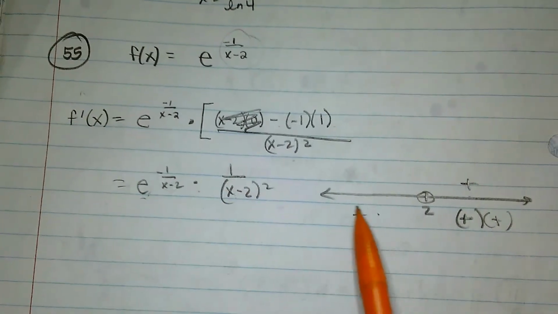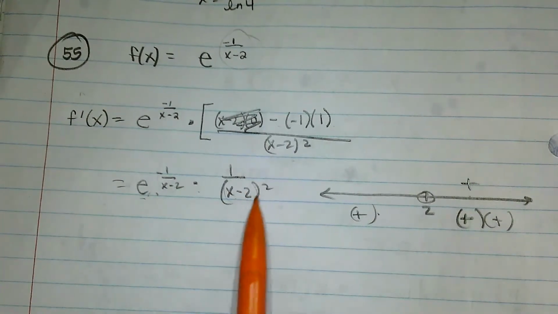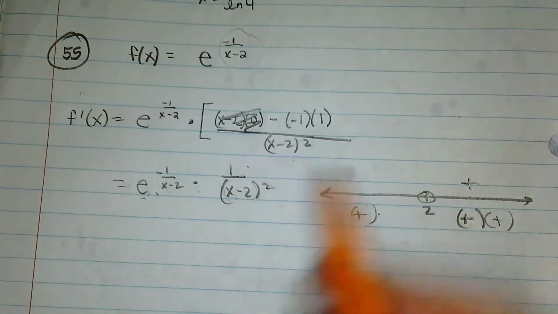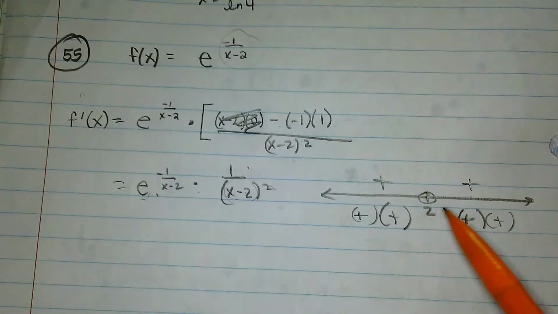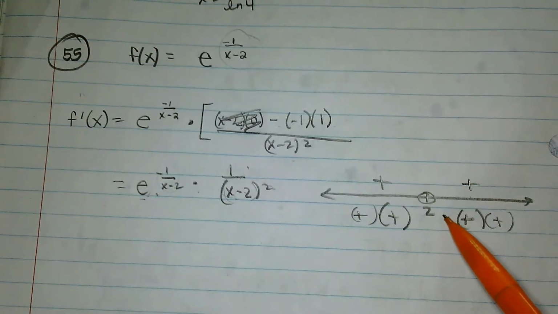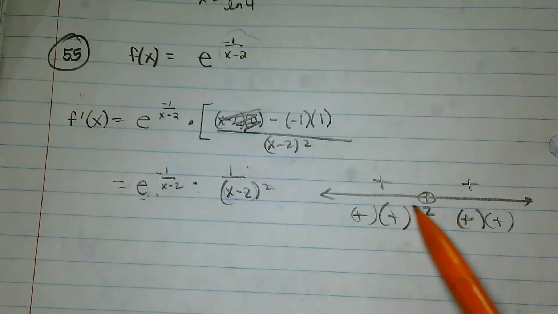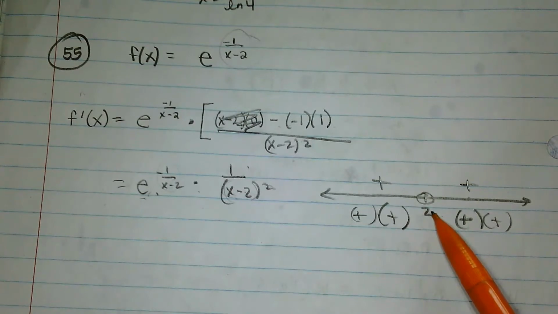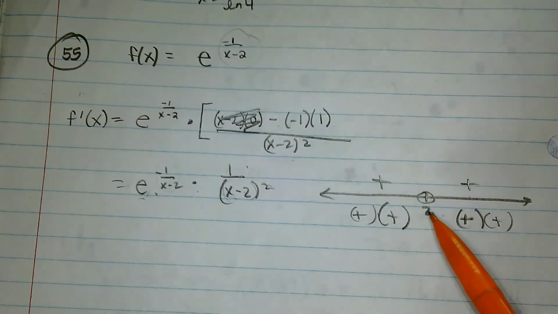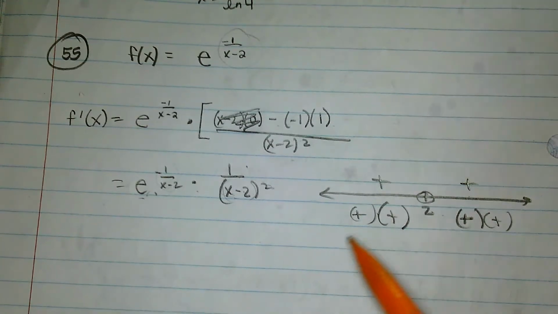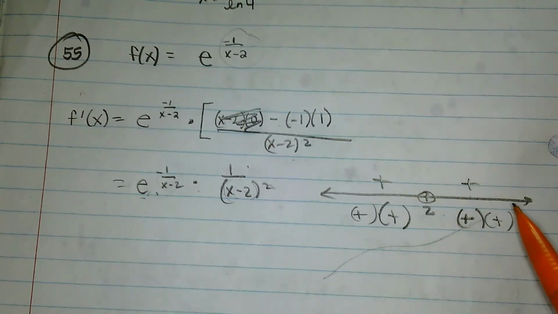And since that first part's always positive, and by the way, this is being squared, that's always going to be 1 over a positive, so that's always going to be increasing. So this has only a critical number at 2. It's increasing from negative infinity to 2, and then again from 2 to infinity. And then there is no relative extrema because it's increasing and then increasing again.